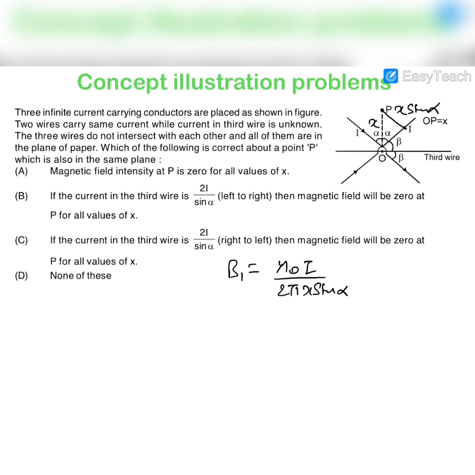So this will be B1, and B1 is the net magnetic field due to both of them, and B2 will be the net magnetic field due to the other two.